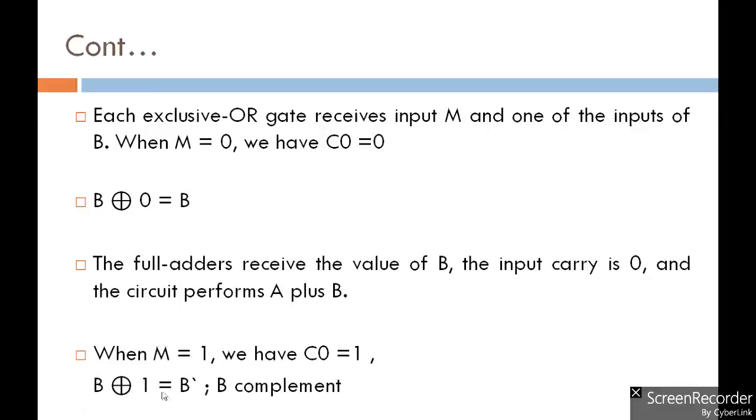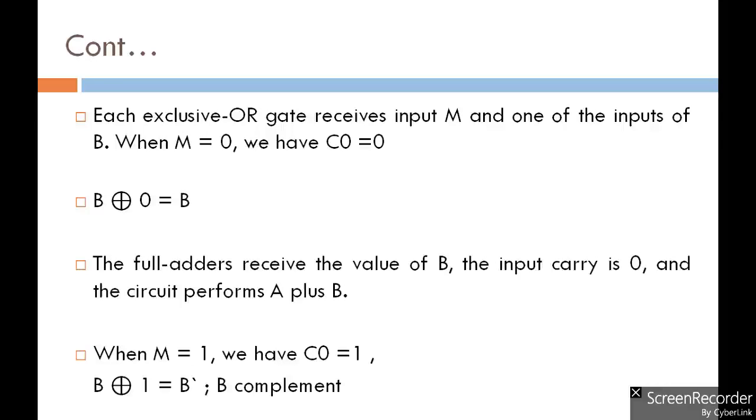So this is how we can implement the 2's complement of input B, and then it will be added to the input A. So this is how we can perform the subtraction operation using the binary adder subtractor combined circuit.